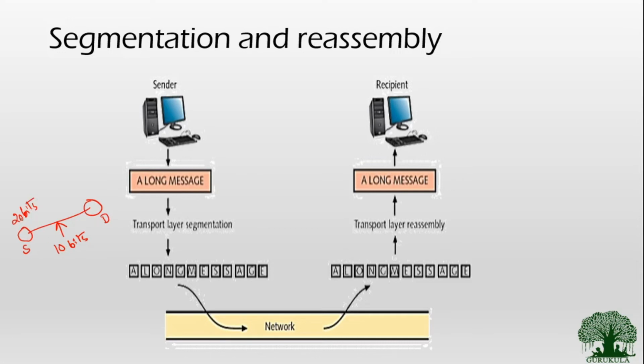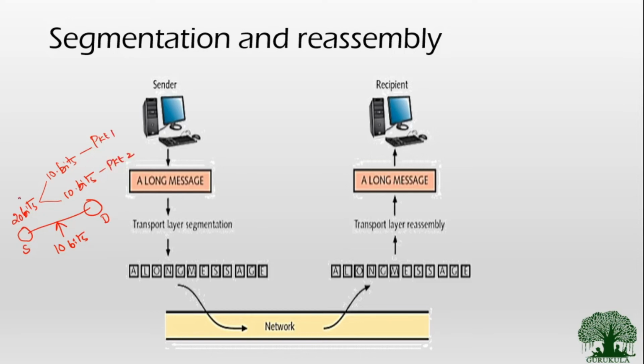So what happens is this 20 bits of data will be divided into two chunks, one carrying 10 bits and another carrying 10 bits. So this 20 bits of data will be transmitted as two different parts. This is what we call packet 1 and this is what we call packet 2.